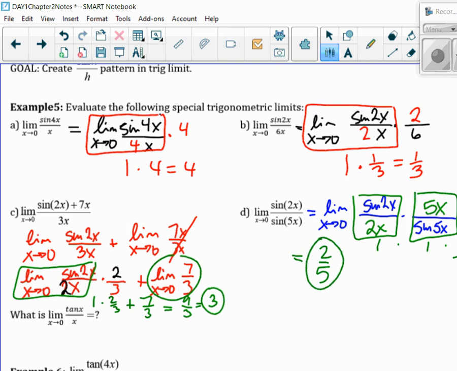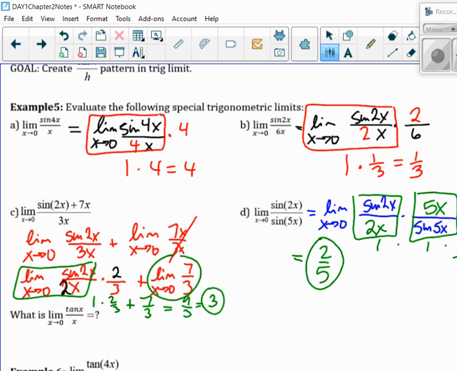Okay. So what do you think the limit as x goes to 0 of tan x over x is? So what's tan x equal to? It's equal to sine x over cos x, right?